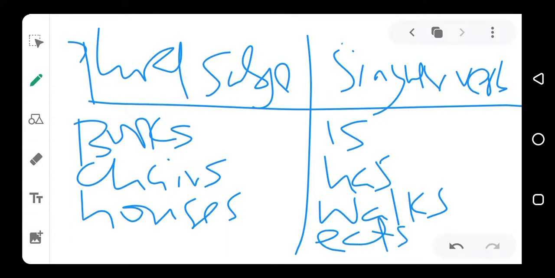Many of them have S attached as the last letter, and they are singular verbs.